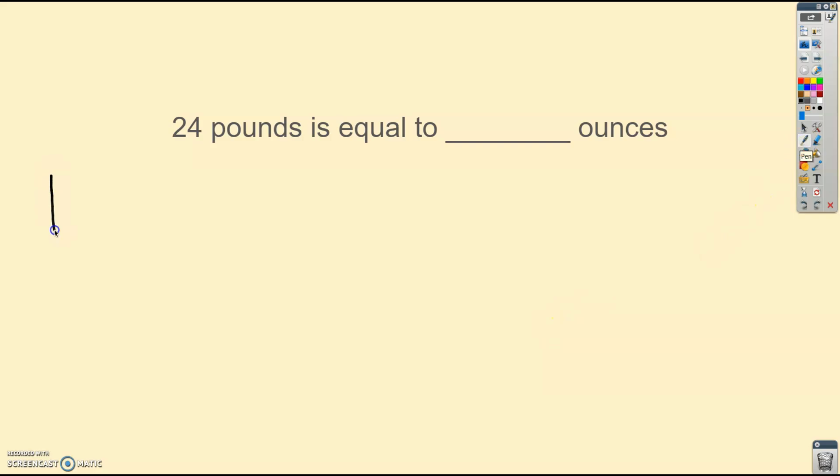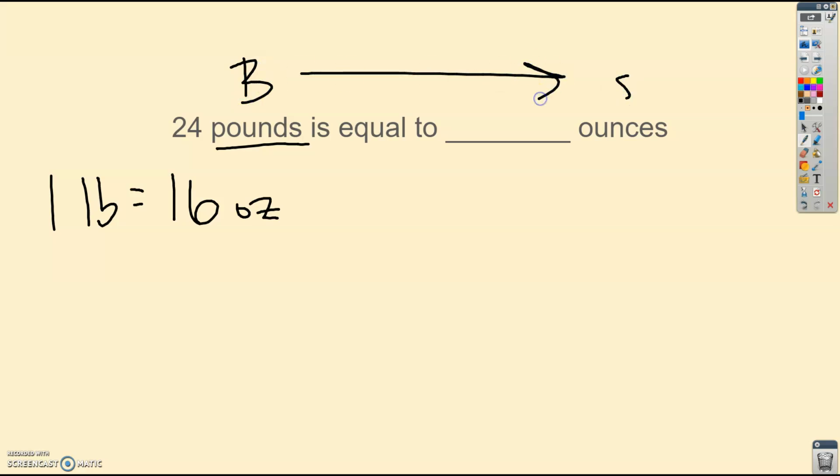So 1 pound equals 16 ounces. That's going to be my rule. That's going to help me out. Well, pounds are bigger than ounces. So we're going big to small. We're going to multiply all.